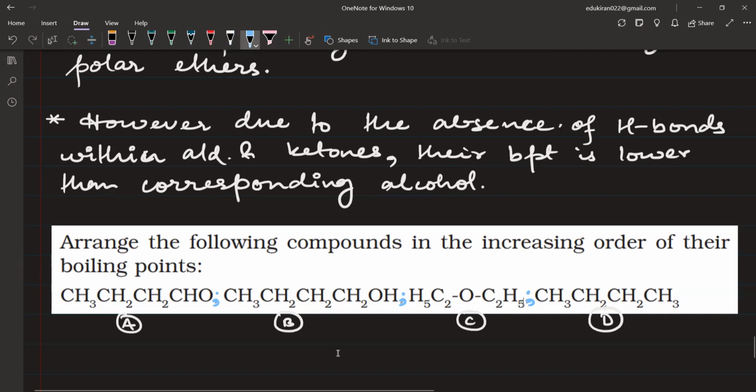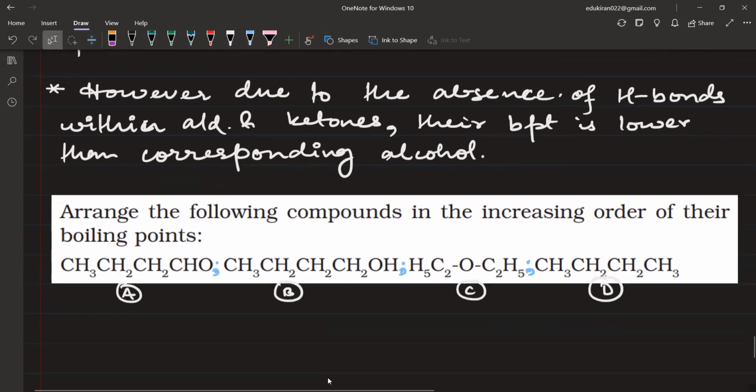They are asking you to arrange the following compounds in increasing order of their boiling point. First of all, you identify the class of compounds. Carboxylic acid, aldehyde, ketone, alcohol? Please don't write, let me first tell. A is what class of molecule? Aldehyde.